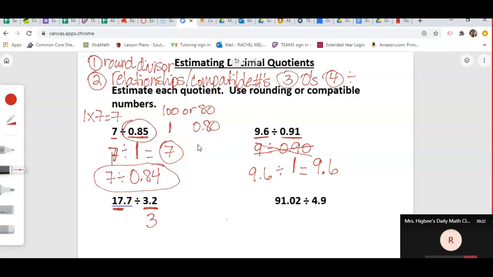Mhm. Okay, very good. So I heard you say 3 times 5 is 15, and then 3 times 6 is 18. So Roger, would you rather change this to a 15 or an 18?